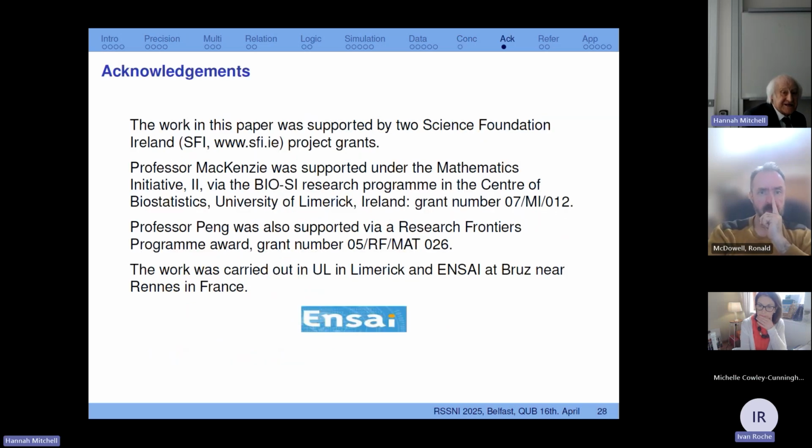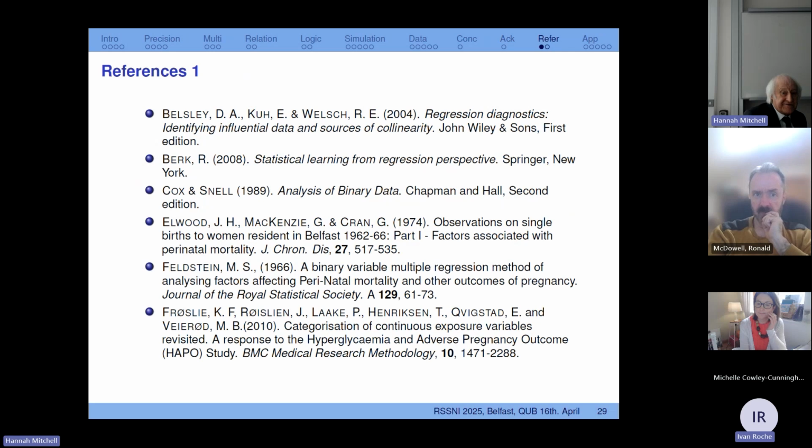Acknowledgements, Science Foundation Ireland. Okay, that was a long time ago. Here are some references. These references are old because there hasn't been a lot of work in this area. I guess people thought, or have thought, that multicollinearity was a solved problem or wasn't worth reinvestigating.